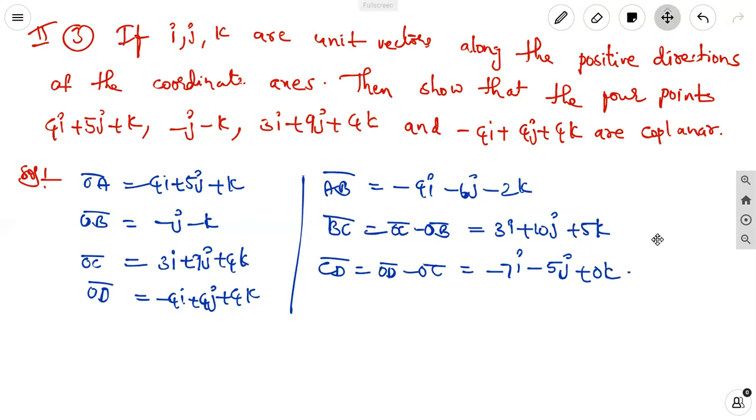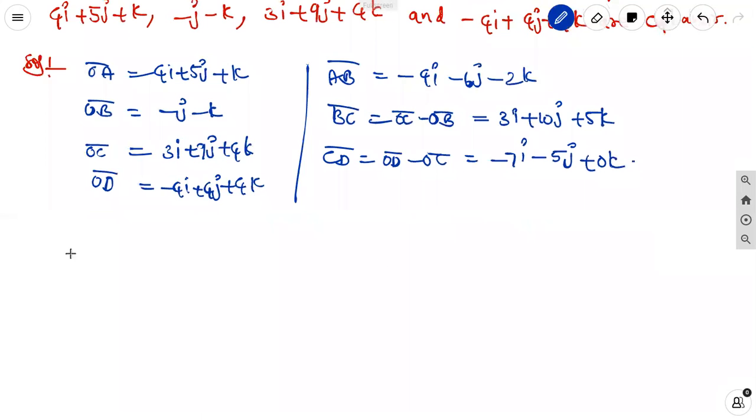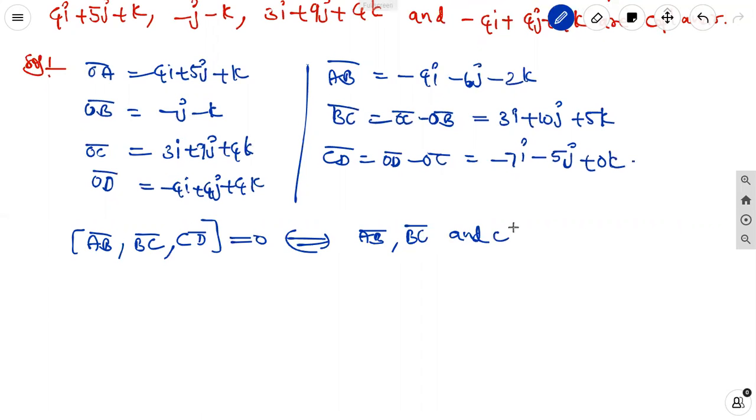Next, if AB, BC, CD are coplanar, it means their volume is 0. If the volume of AB, BC, CD is equal to 0, then we can say that AB, BC and CD are coplanar.